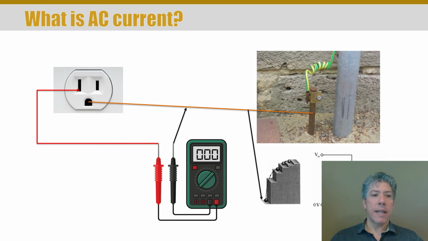It turns out that outlet is not hot. If you stick the meter lead into the big outlet and the house is wired properly, or the outlet's wired properly, what you'll find is that there's no electric potential difference. The reason for that is because the ground side and that larger blade side are actually connected to each other back at the breaker box.